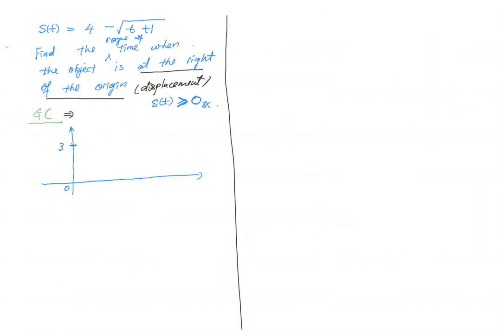So you start from 3, then after that it goes down like that. The curve should be this way. Am I right?